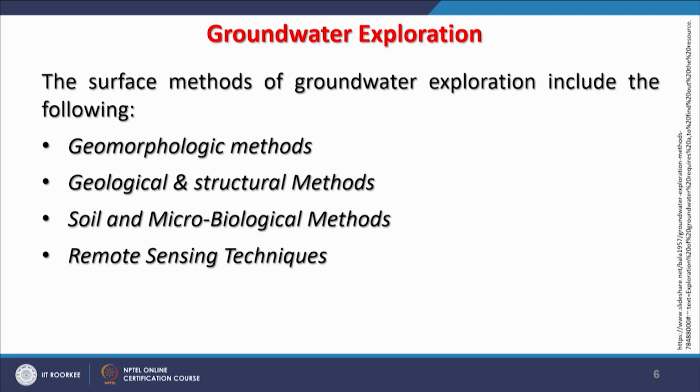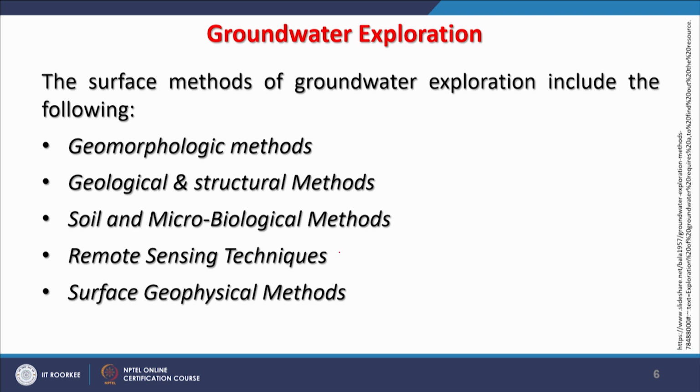I have already mentioned the remote sensing technique, by which you can cover a large area in a completely unbiased manner. A large area can be surveyed using surface methods, especially remote sensing, and data is available nowadays almost free of cost from many satellites at quite high resolution.